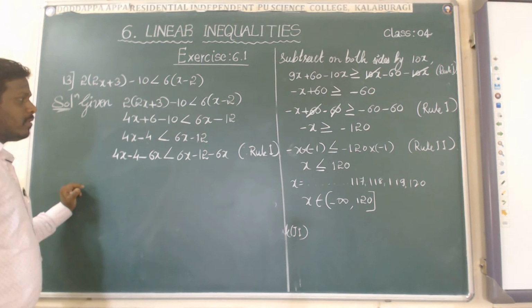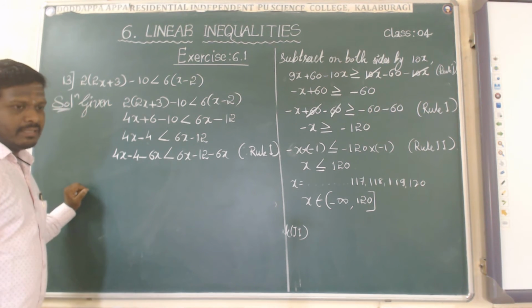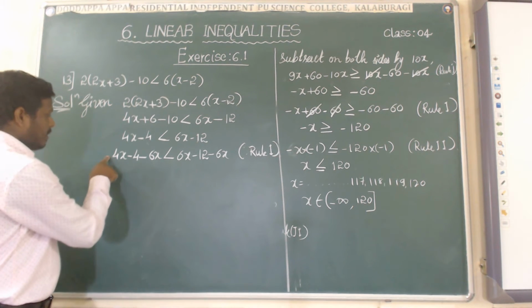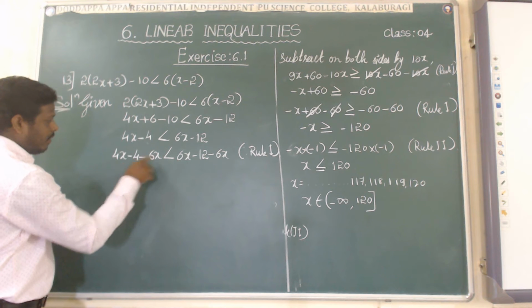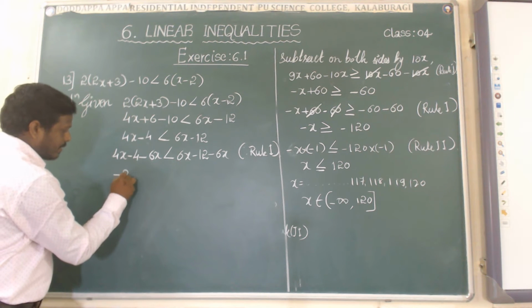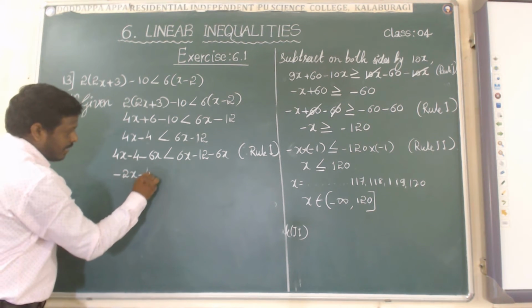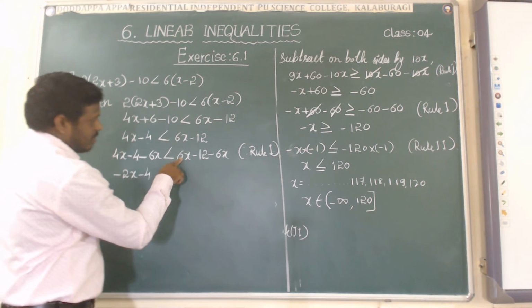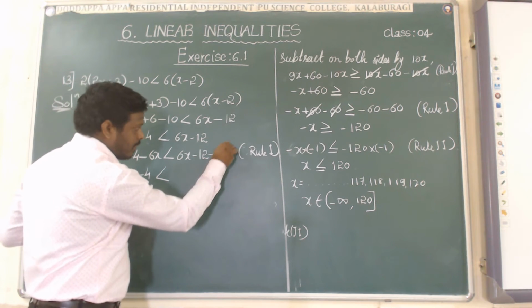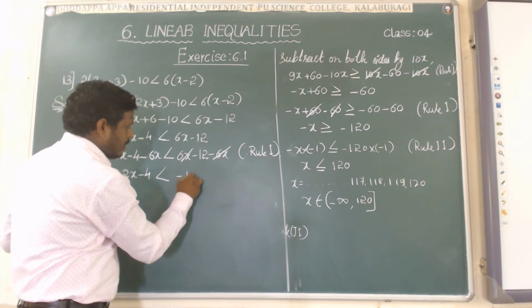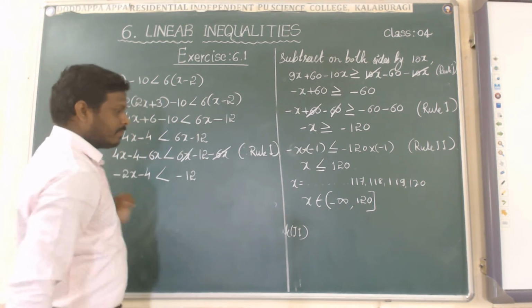I am subtracting both sides by 6x. Okay, these two are like terms. Simplify, you will get minus 2x, and minus 4 you write as usual, and this plus 6x and minus 6x becomes 0. So left here, minus 12.